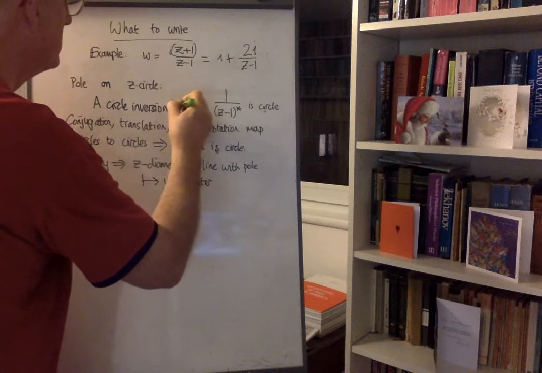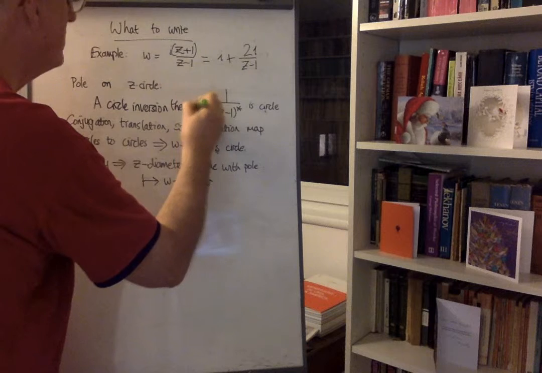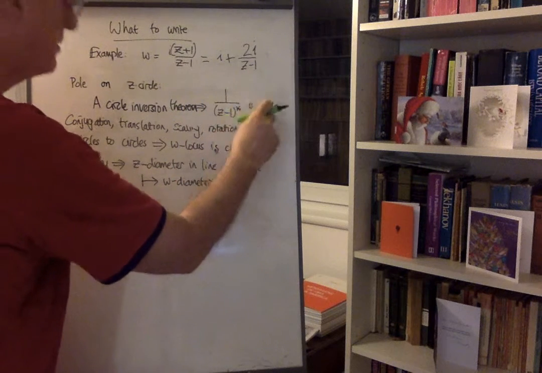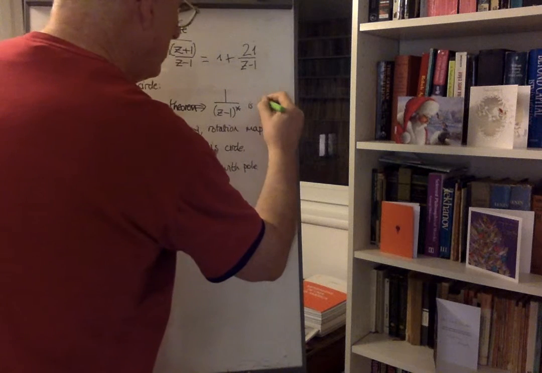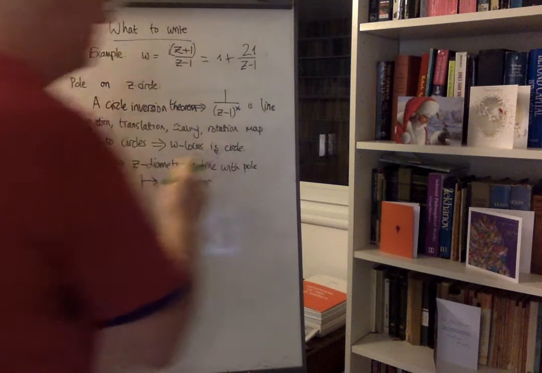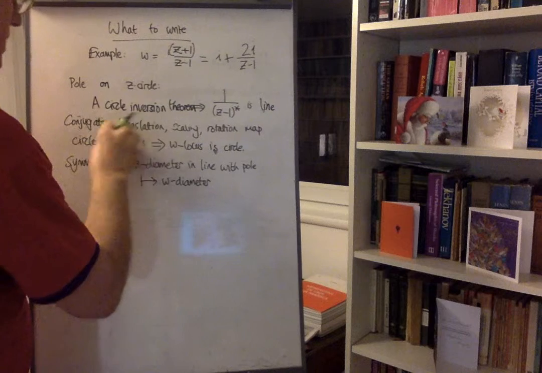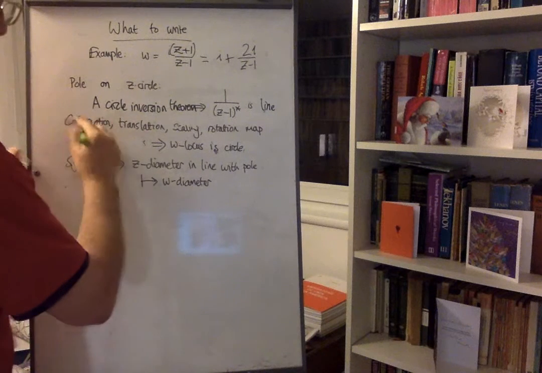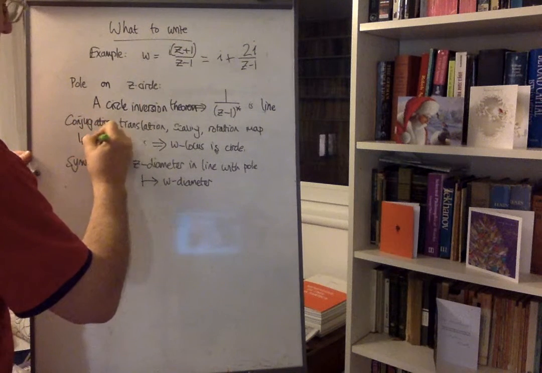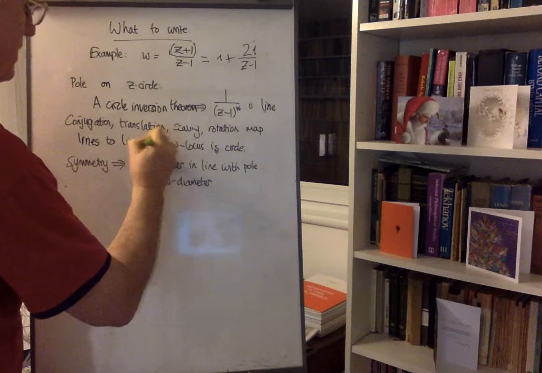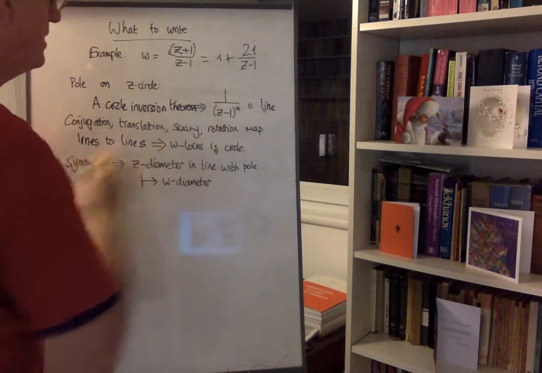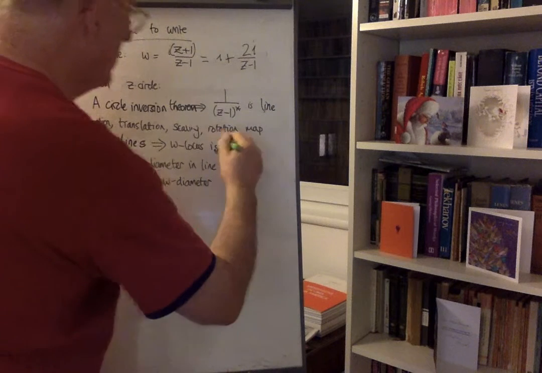So you write a circle inversion theorem implies that that is a line. All these transformations, conjugation, translation, scaling, rotation, map lines to lines. So the w locus is a line.